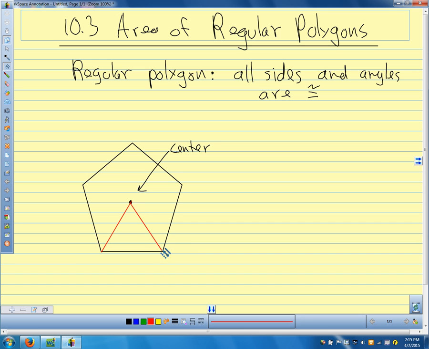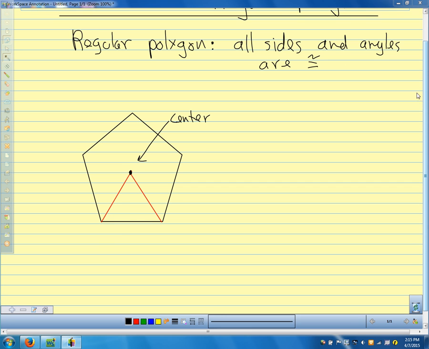If there's kind of a go-to technique when it comes to polygons, it's draw the triangle. All right, so I'm going to draw a triangle here. This angle, if we start at the vertex here and go to the center here and go to a vertex, is the central angle.